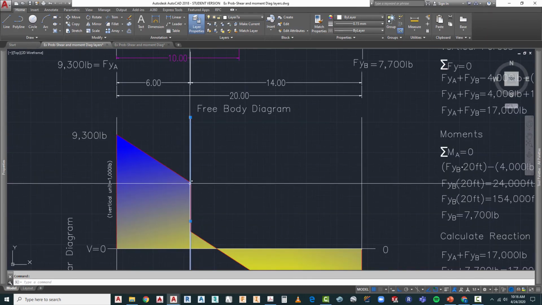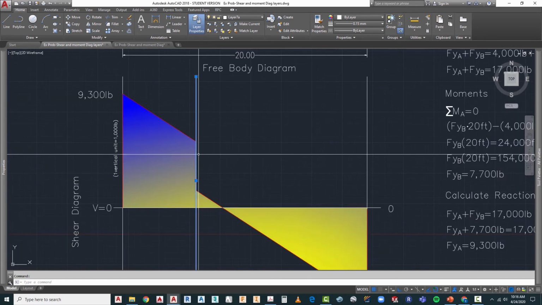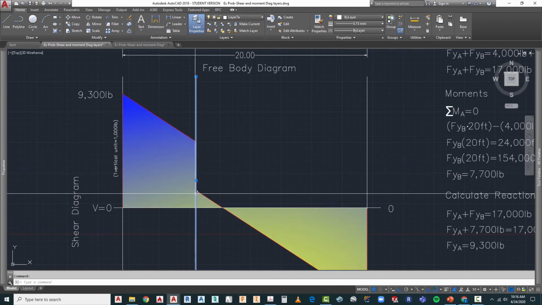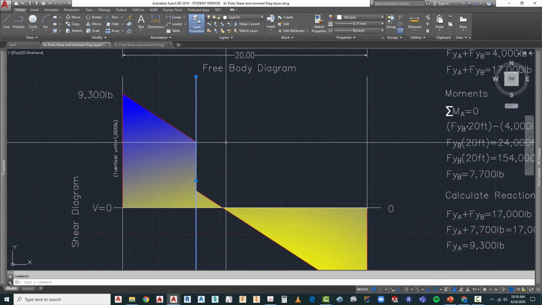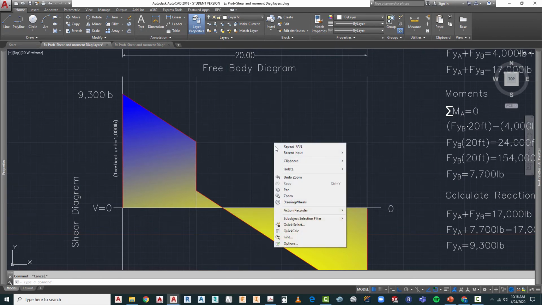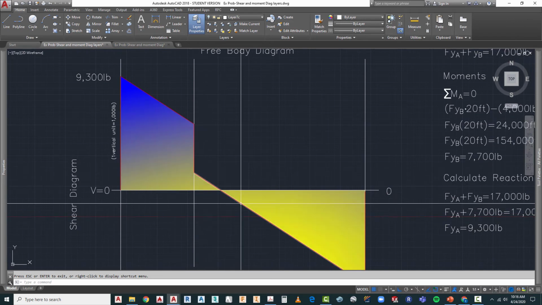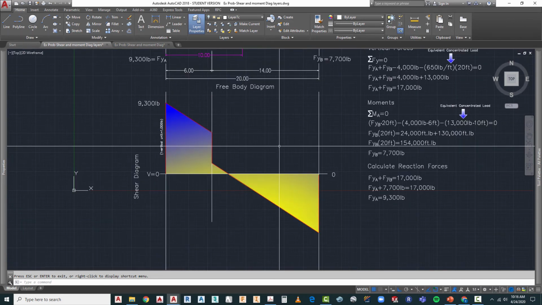There again, it's going to become a vertical line coming down 4,000 pounds, and then we continue again with our distributed load coming across in this direction.